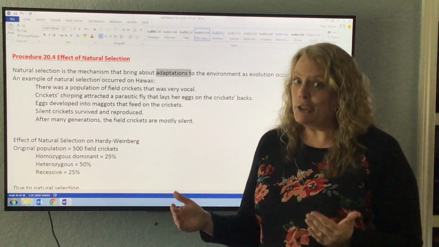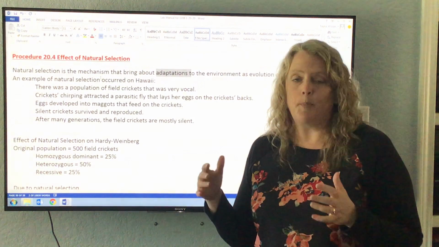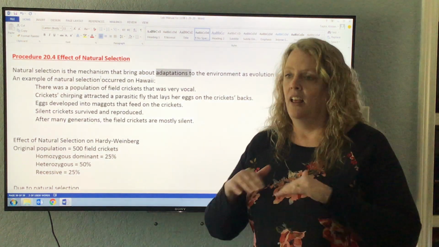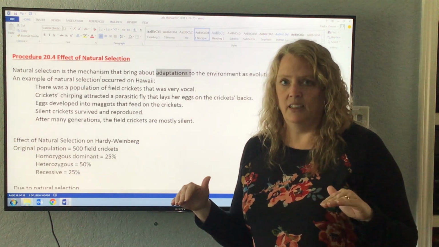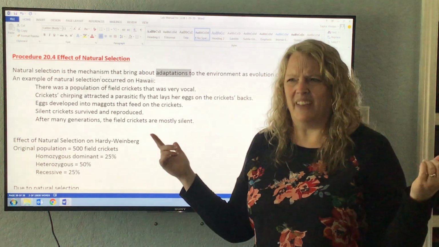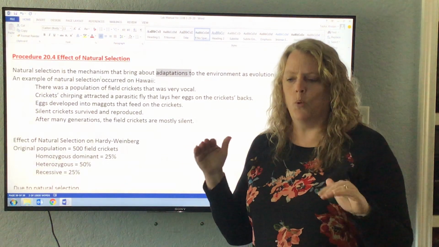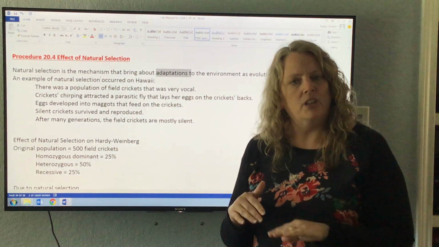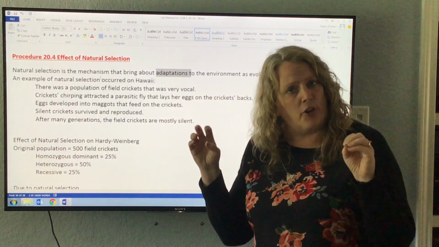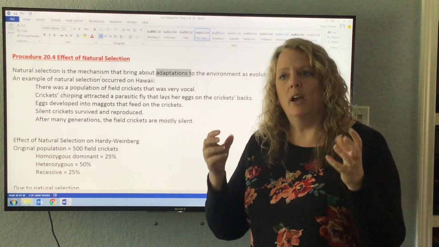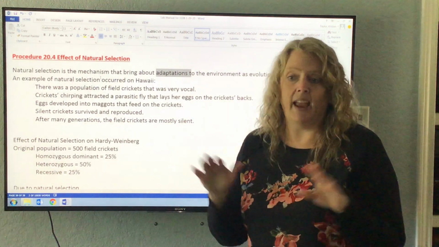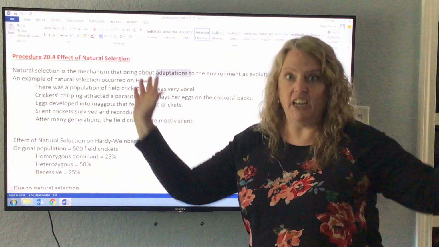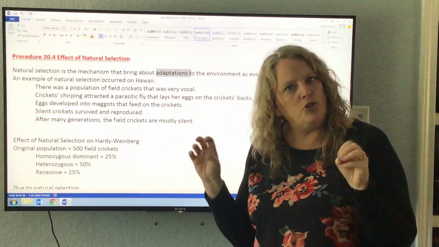There's also a percentage of that population that do not chirp. They are silent. People might say that's not good, because when it comes time to reproduce, they chirp to each other. That chirping helps attract the female to the male, or helps them communicate and find each other in a field. So they have to have that chirping.